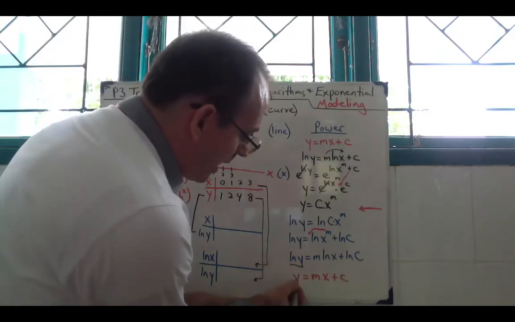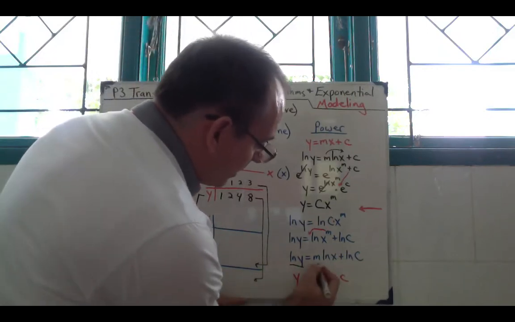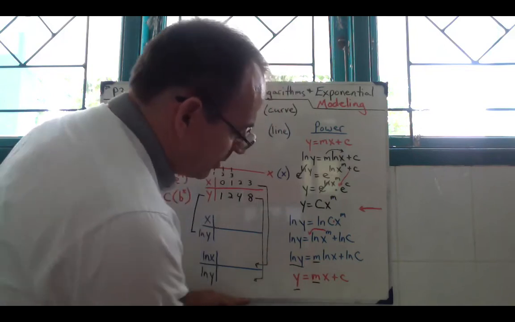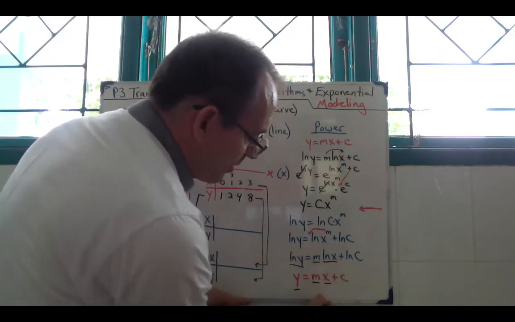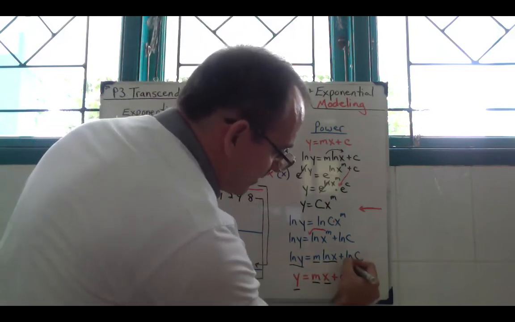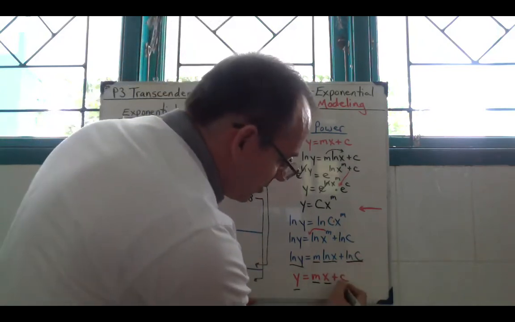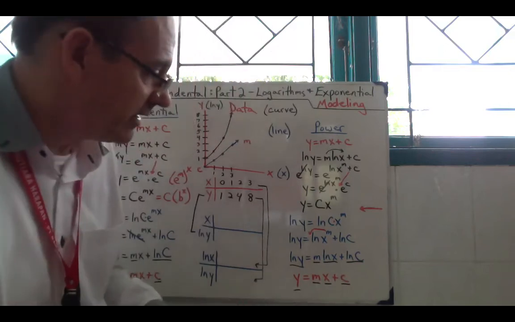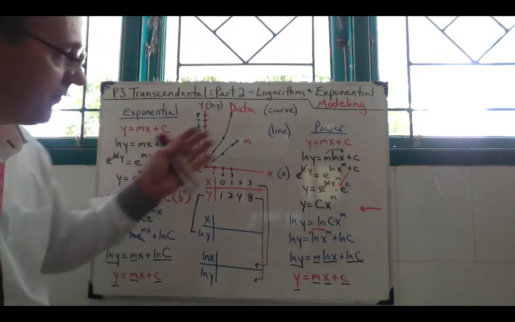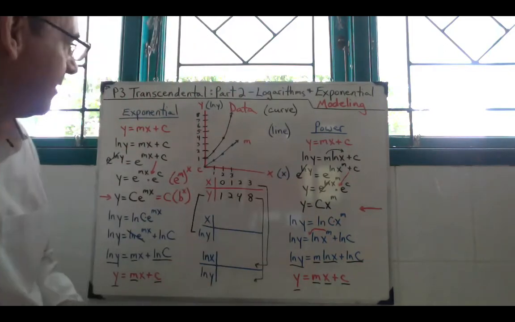So the ln y replaces the y. Here's your m for slope. Your ln x replaces the x. And ln c, ln capital C, is your y-intercept. So they're very similar, but slightly different.